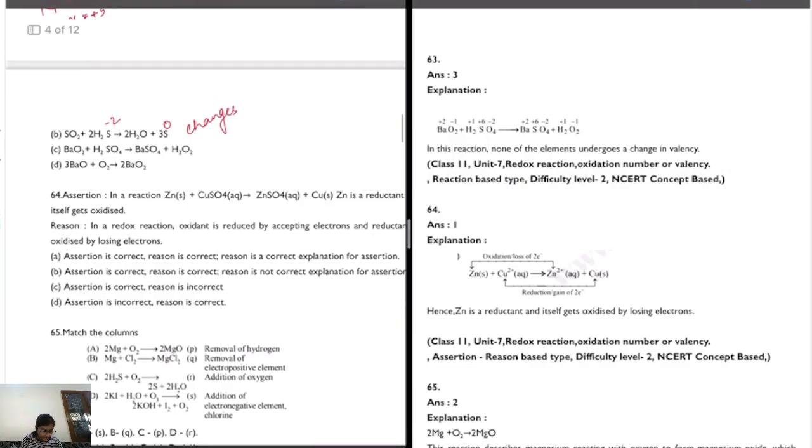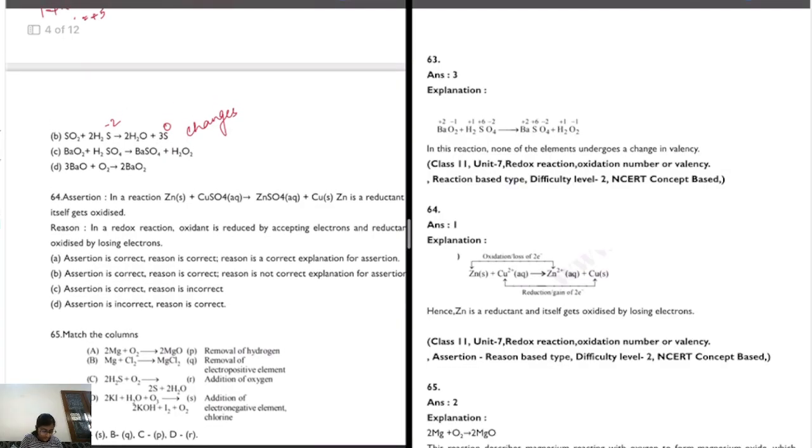Alright, in this BaO2 and H2SO4, we'll see BaSO4 is formed. The oxidation state of Ba here is +2. We can see here it is +2 and oxygen is -1. Here also it remains +2. Sulfur also remains same, +6 and +6, and hydrogen also remains same.